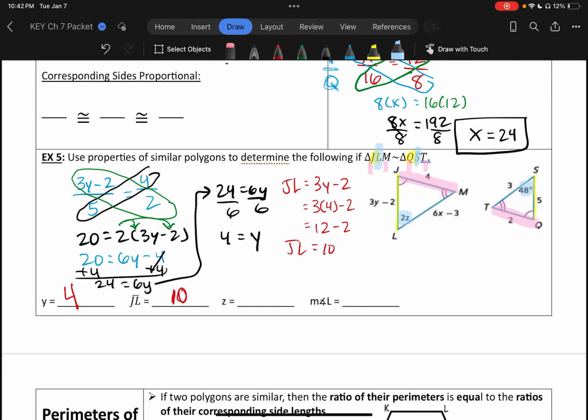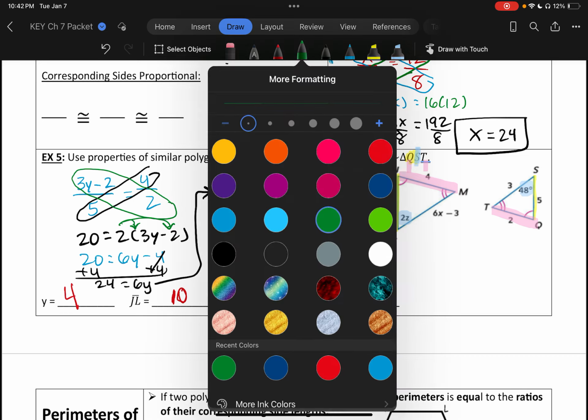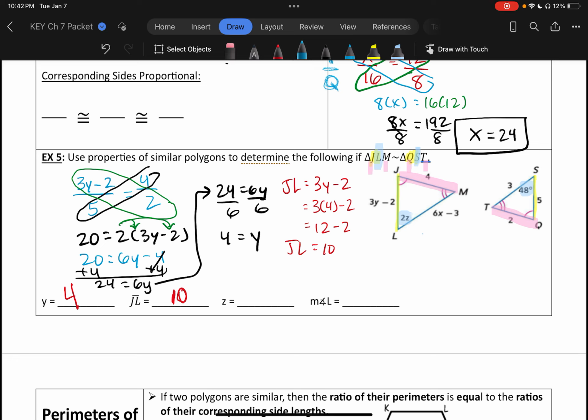If polygons are similar, the corresponding angles are congruent. Congruent means that these corresponding angles have to be equal to each other. So we can say here that 2z has to equal 48. If I solve this, all we have to do is divide by 2. That gives us that z has to equal 24.